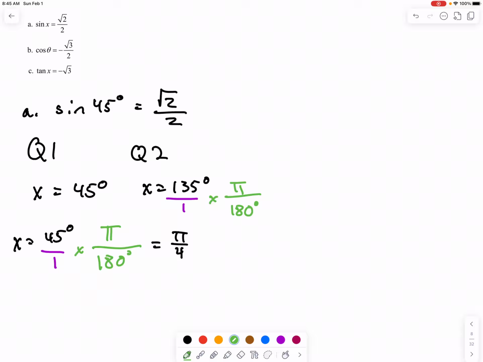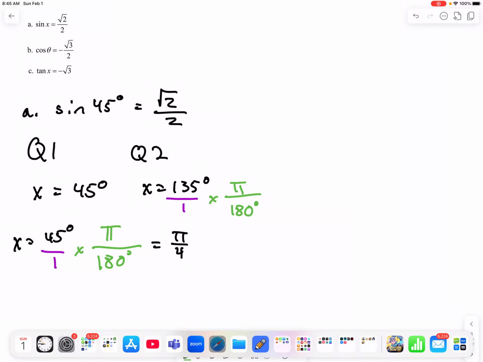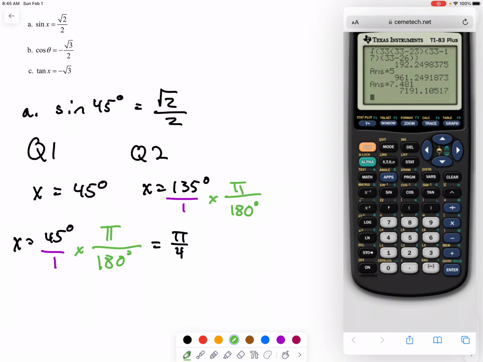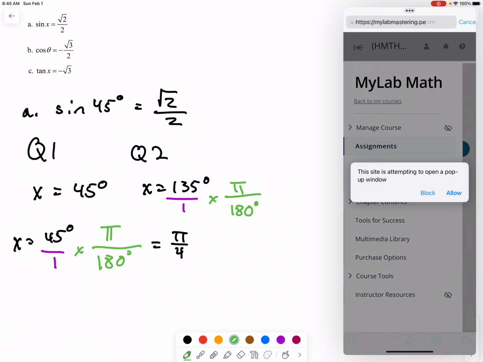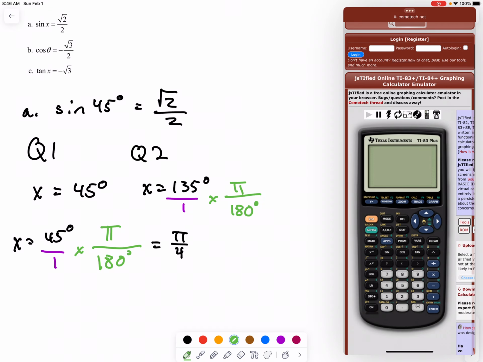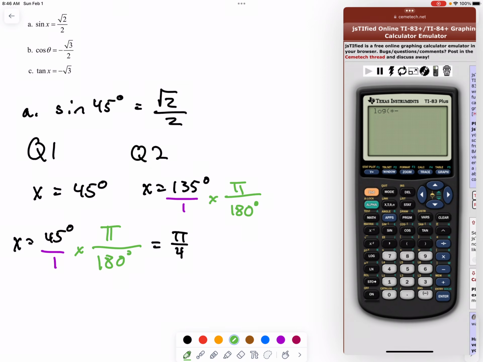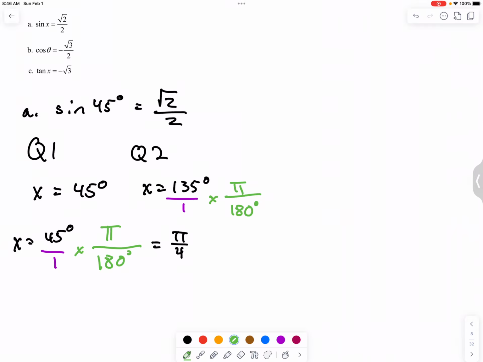Let me use my calculator. Let's do 135 divided by 180 as a fraction. 3 pi over 4. Okay.